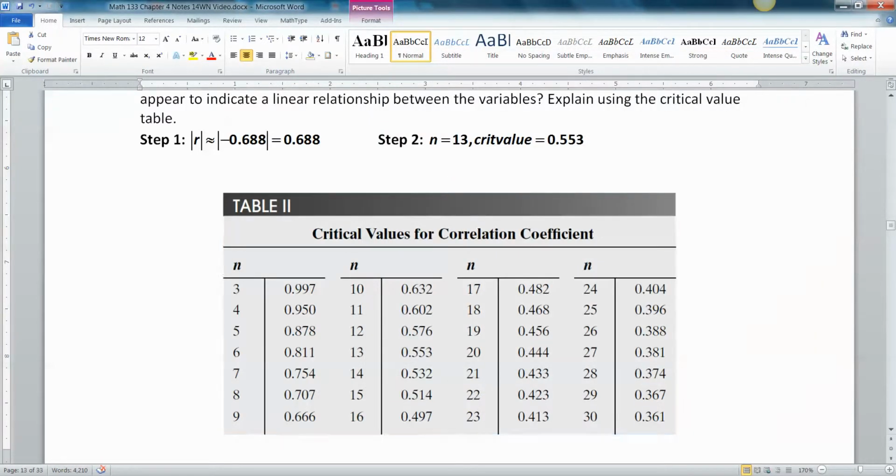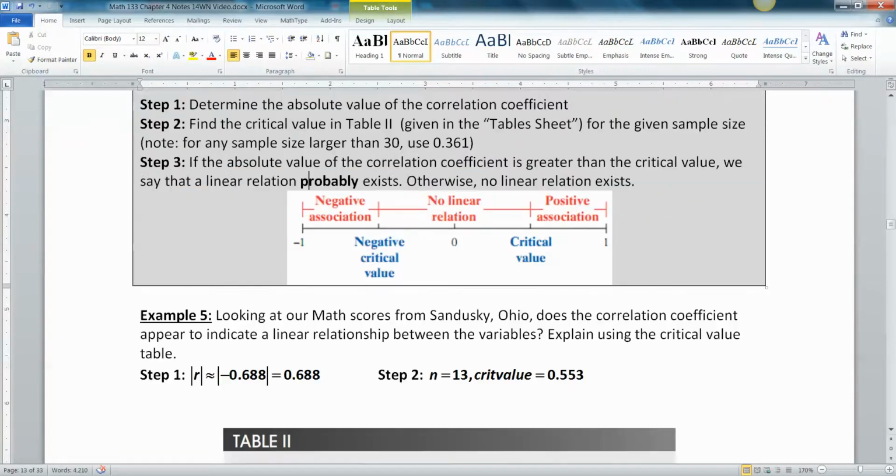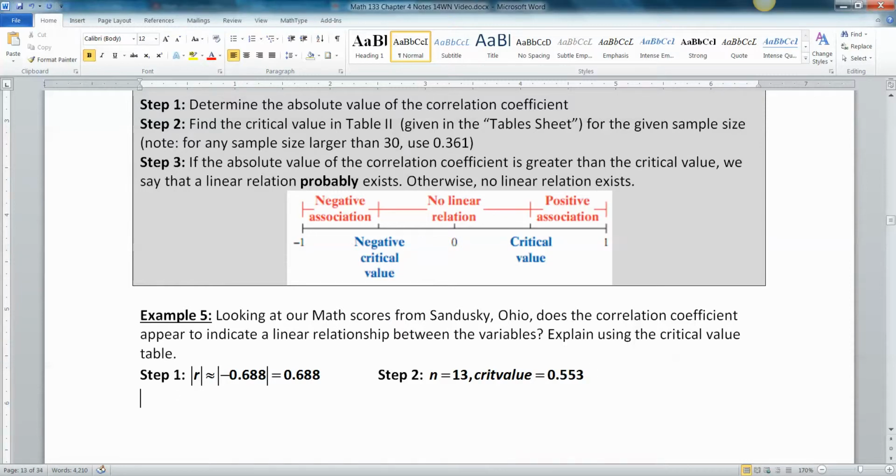And then step 3, if the absolute value of the correlation coefficient is greater than the critical value, then we say the linear relation probably exists. So that's what I'm going to put right down here. Step 3. R equals 0.688 is greater than the crit value of 0.553.